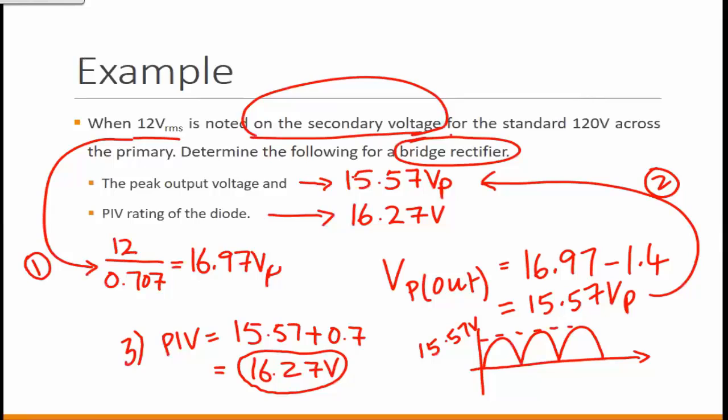Again, the sole purpose of the transformer is only to step down. It doesn't do any rectification. The signal has to pass through diodes to become DC. Again, the transformer is only AC to AC, not AC to DC, whereas the diodes are.